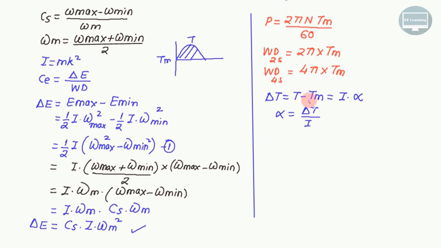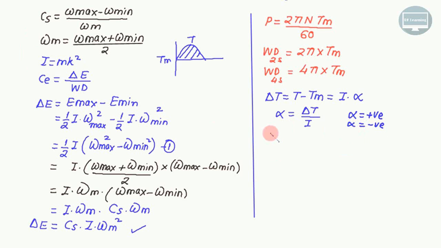Delta T is equal to T minus Tm, which is the same as I into alpha. That is, this hatched area is delta T. So alpha equals delta T by I. If alpha is positive, what do you conclude? Accelerate. And if alpha is negative, it retards.